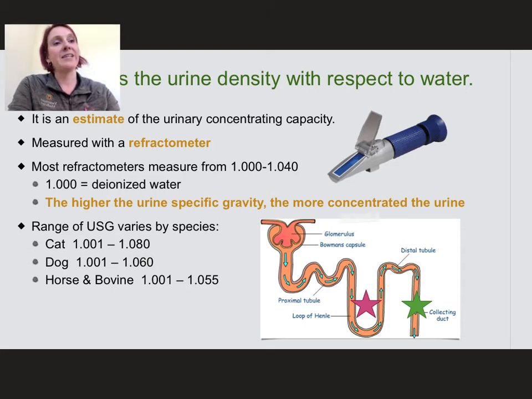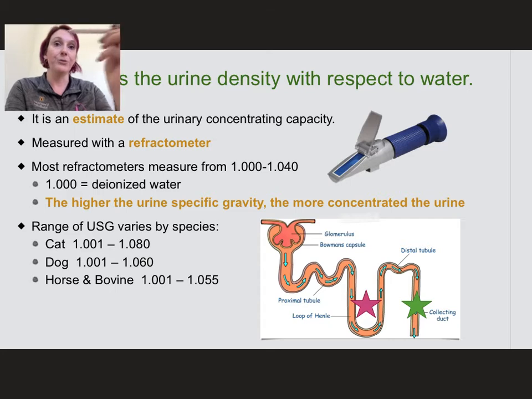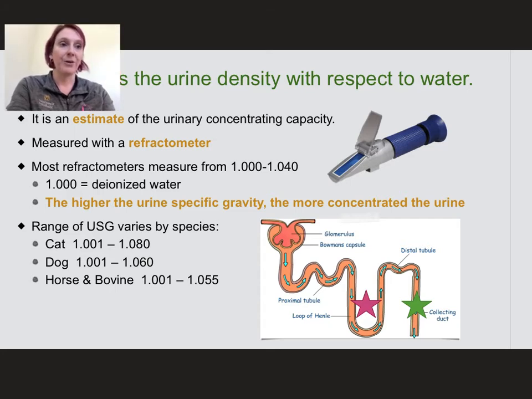And what we see on the inside of this ocular is our grids. And depending upon how well concentrated that urine is, it will give us a measurement. We'll see a blue line come across the screen. And where that level of the blue line is gives us its specific gravity.